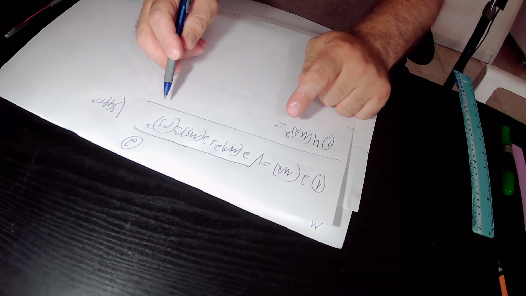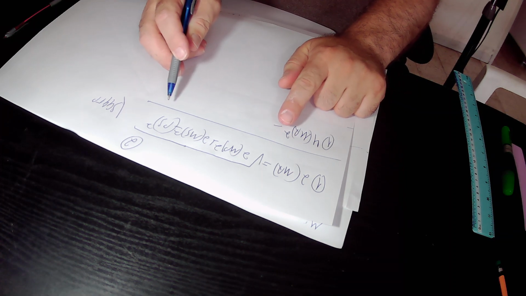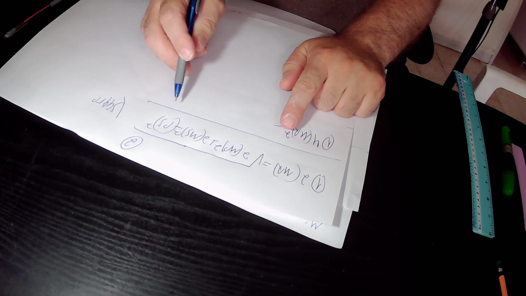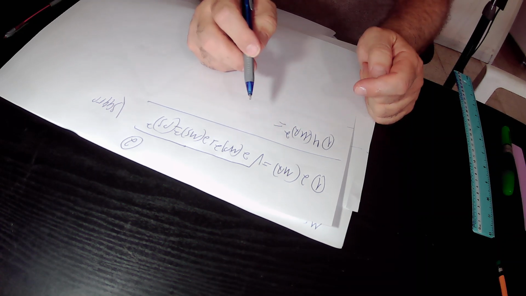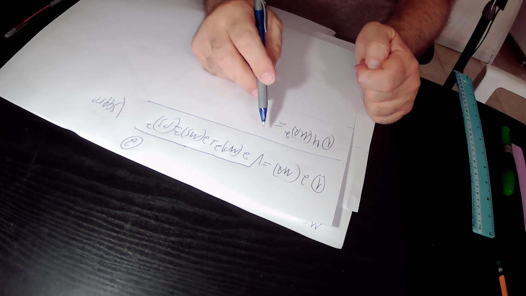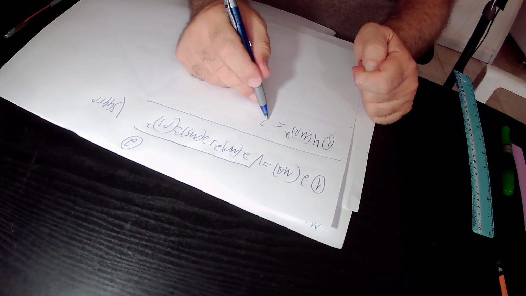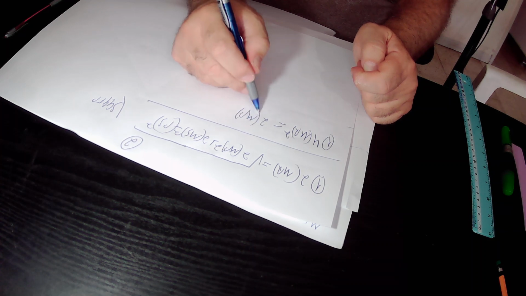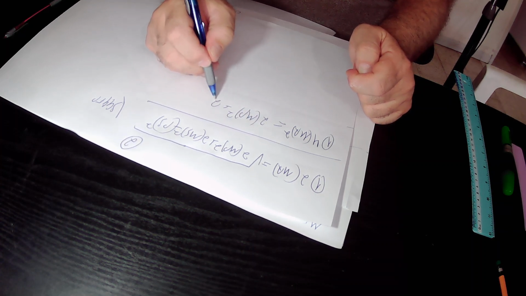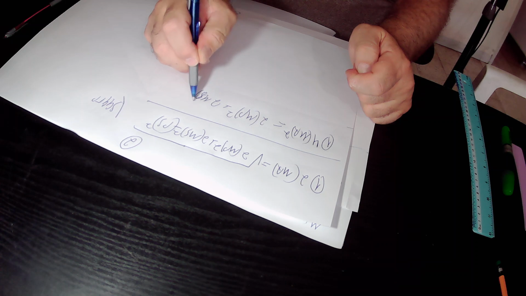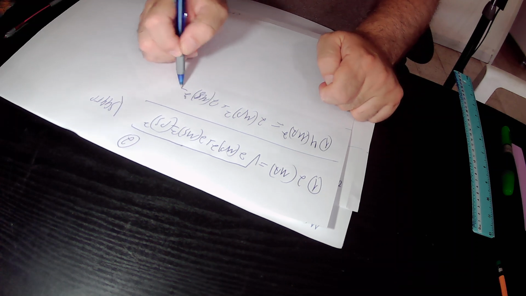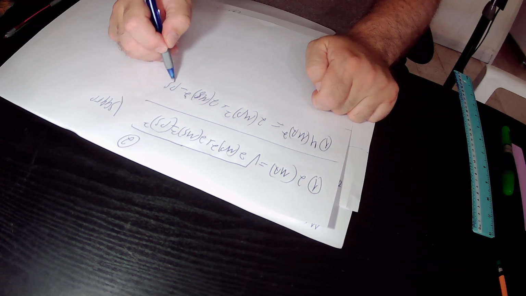Actually the root and the square are two opposite operations, therefore the square will cancel the root, and we are left only with what is inside the root, that is 2MP squared plus 2MS squared minus PS squared.